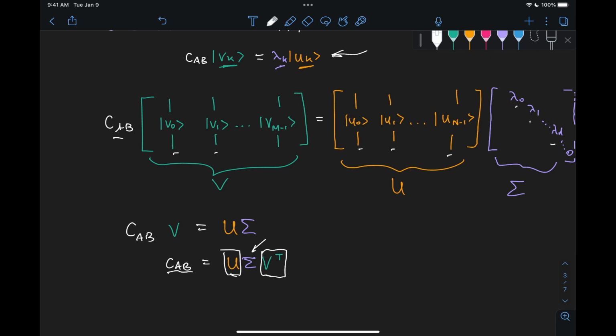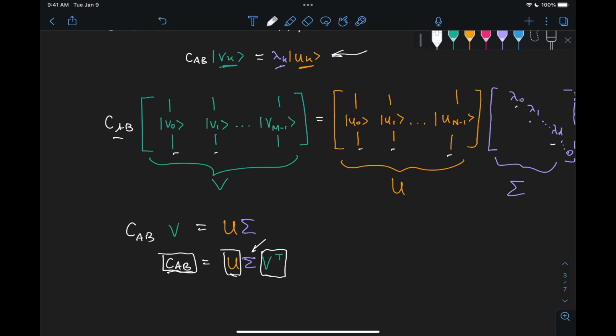And the reason we can do this is because the way we construct this matrix CAB was by placing the coefficients in the rows of the matrix associated with the basis states of the space of subsystem A, and in the columns, the coefficients associated with the states of subsystem B. So there's a way in which we can express things this way.